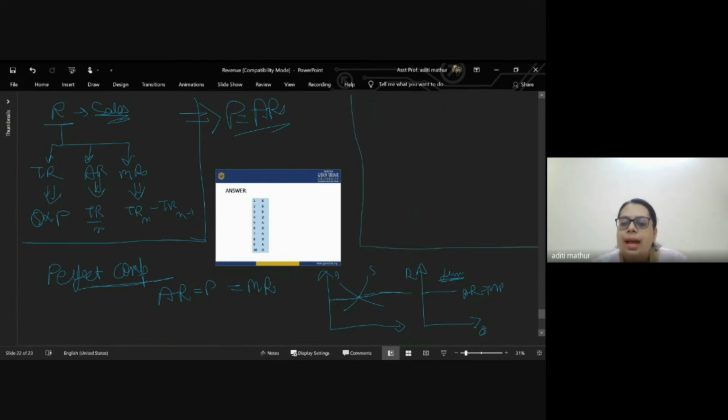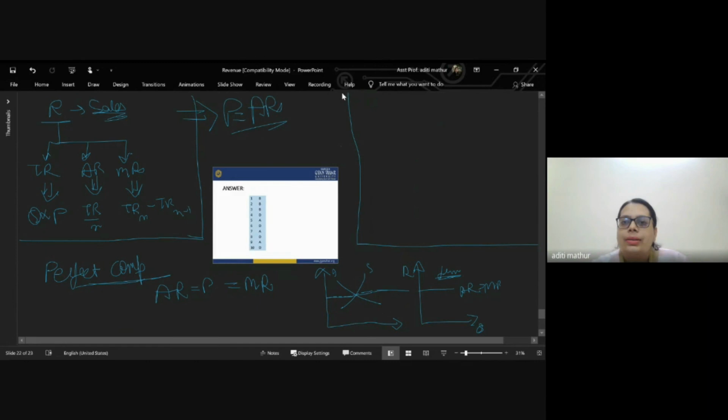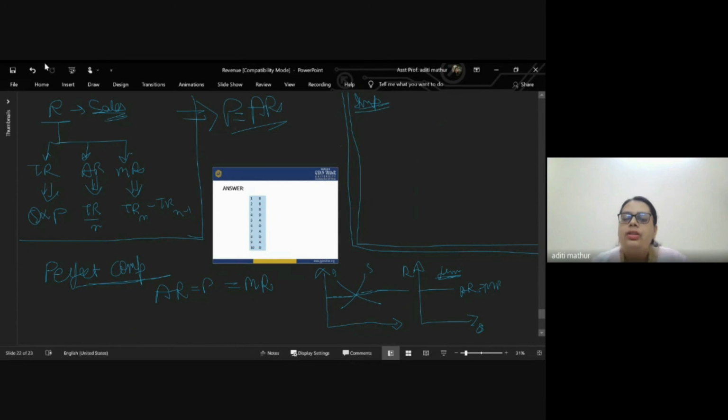Now, let us discuss the graphs under imperfect competition. So in imperfect competition, this is how your TR looks, your MR and your AR. So this is your TR, AR and MR. We also understood the relationship between the MR and your TR.